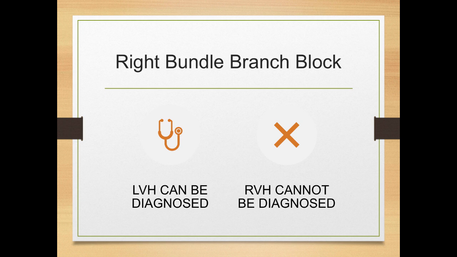So, with a left bundle branch block, we cannot call either ventricular hypertrophy, but with a right bundle branch block, we still can't call right ventricular hypertrophy, but we can diagnose and call left ventricular hypertrophy. And that's because we have left ventricular dominance, so we still have a good view of the left ventricle, even in the presence of a right bundle branch block.